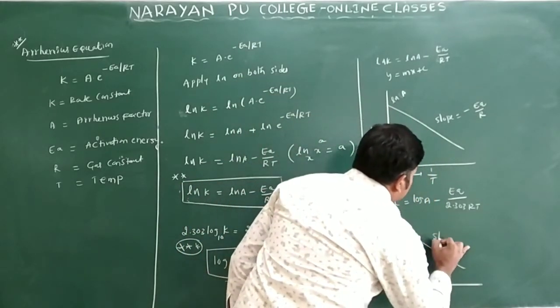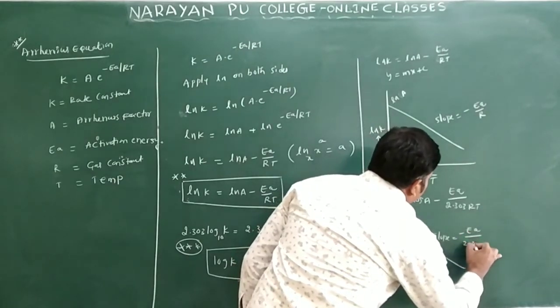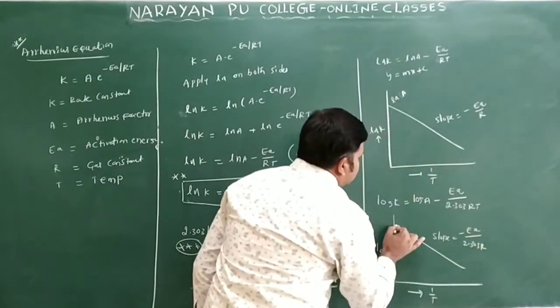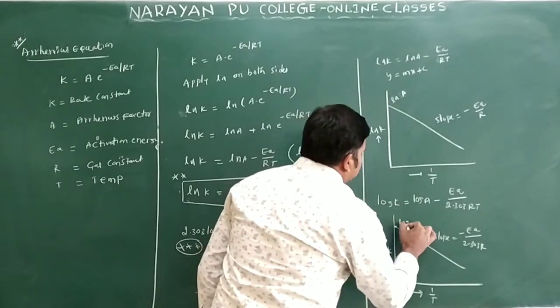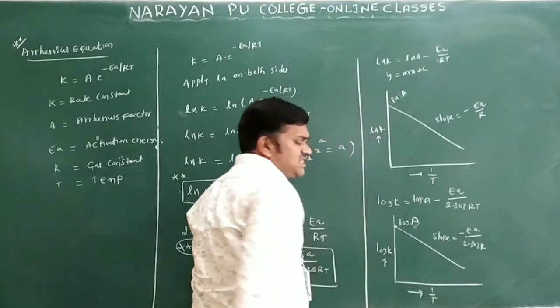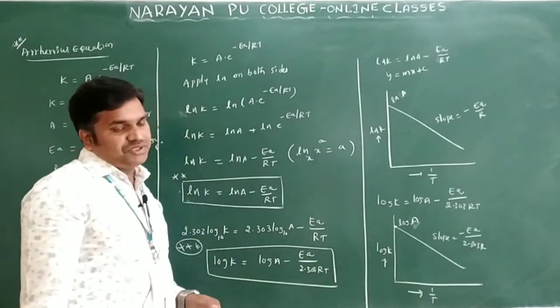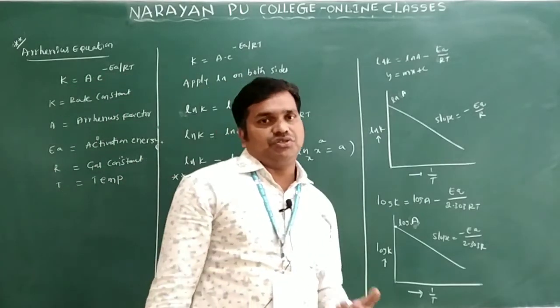So the slope is equal to minus EA by 2.303 R. The intercept is log A. So these are the two graphs for the Arrhenius equation at a constant temperature.